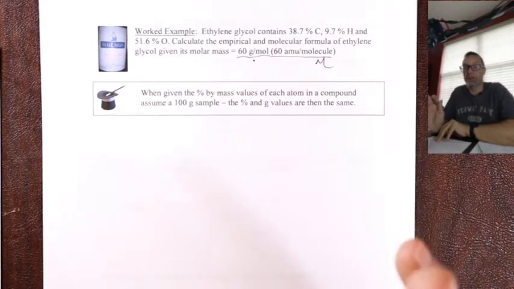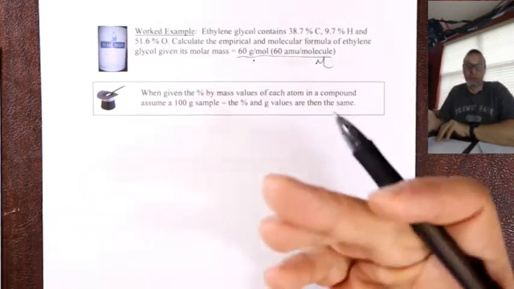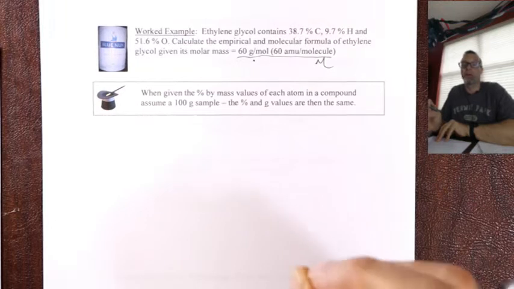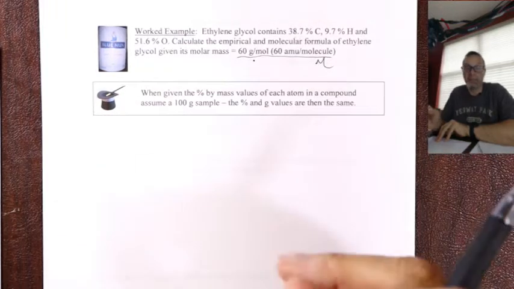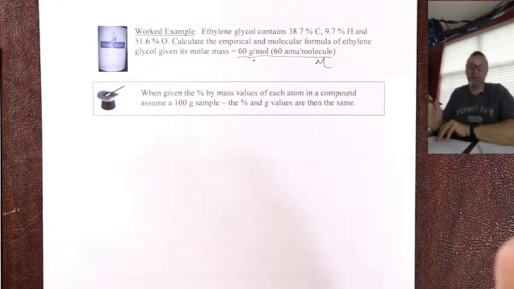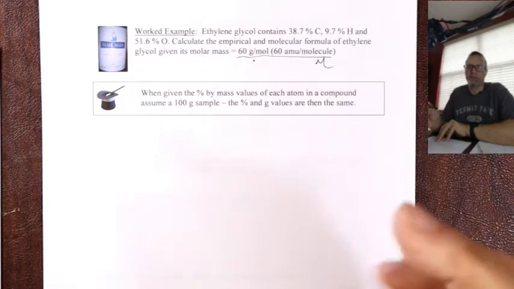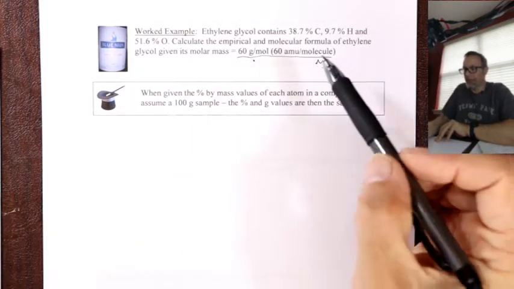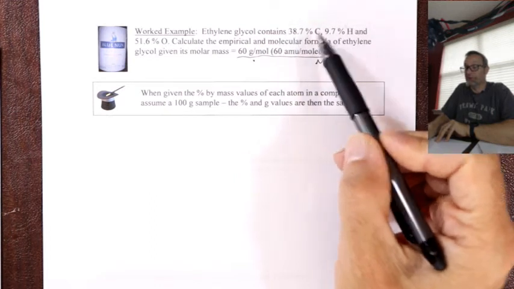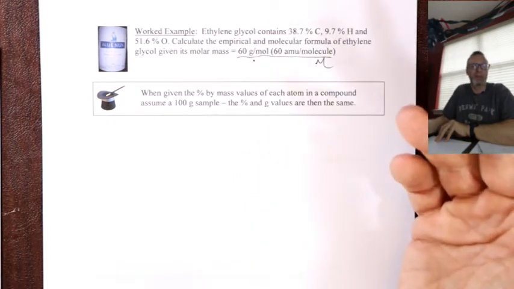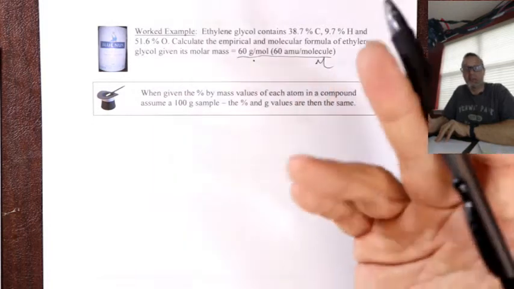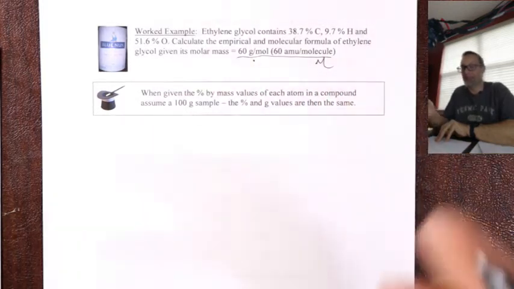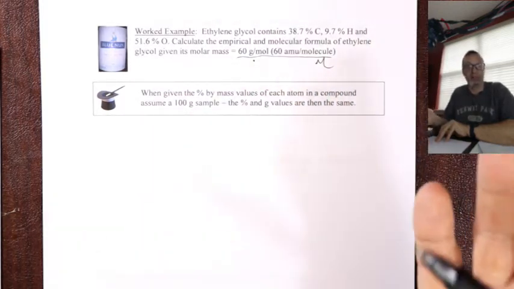Now here's the big trick. I can choose to send the nice people in New Jersey any mass sample I want in the mail. Any mass, a gram, 2 grams. I'm going to pretend I've just sent them 100 grams. So if I send them 100 grams, and it's 38.7% carbon, what mass would that be? It's the same, because I choose 100 grams, it's actually 38.7 grams.